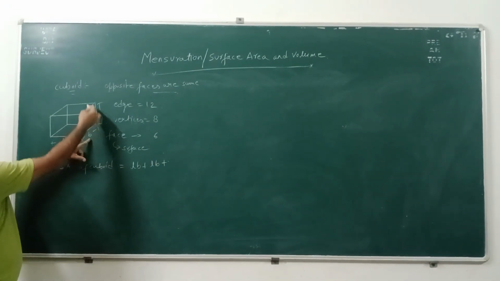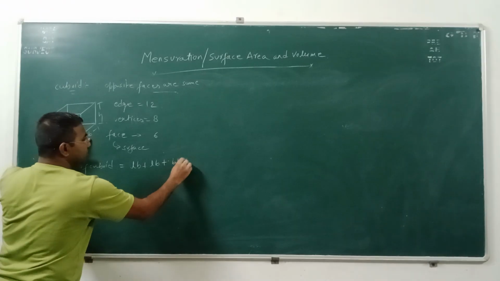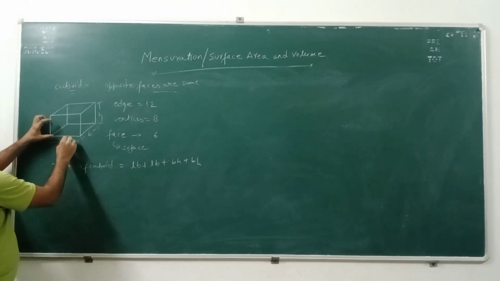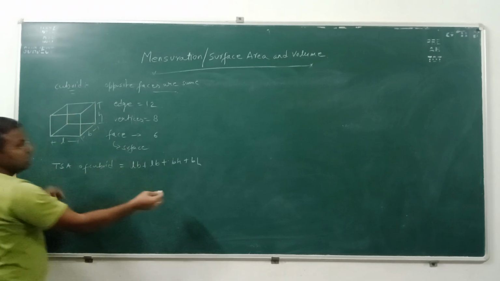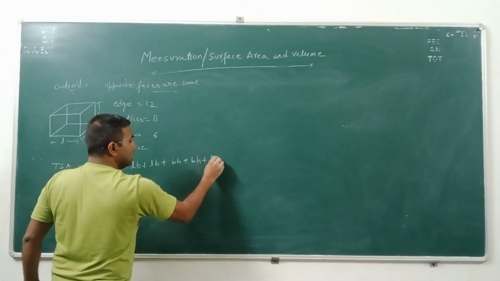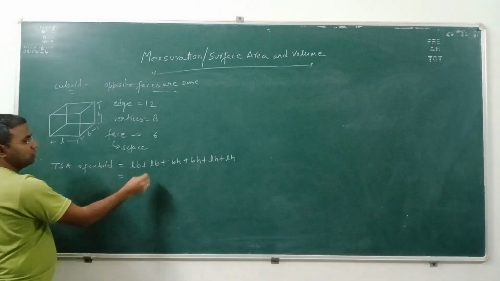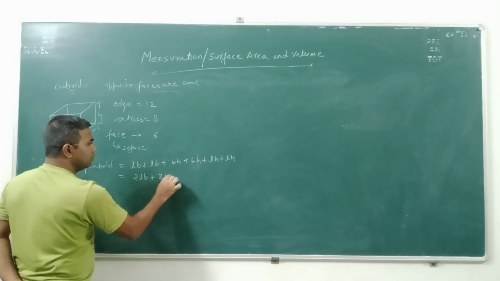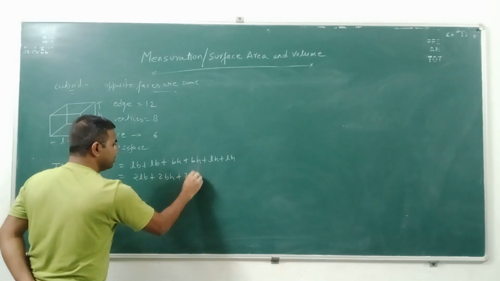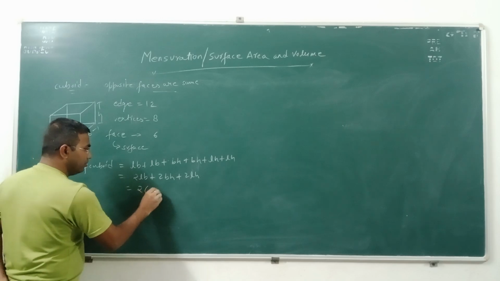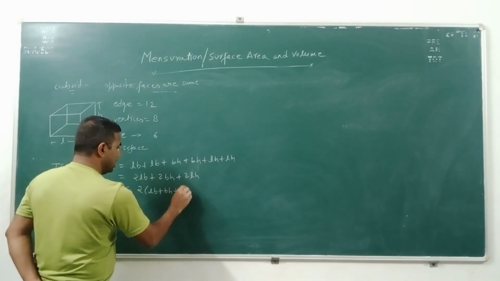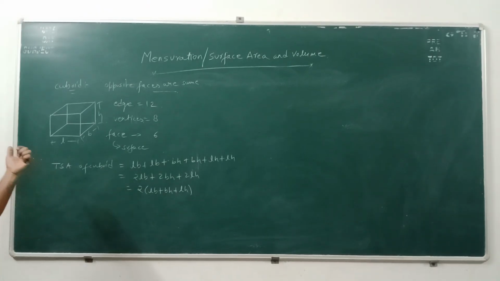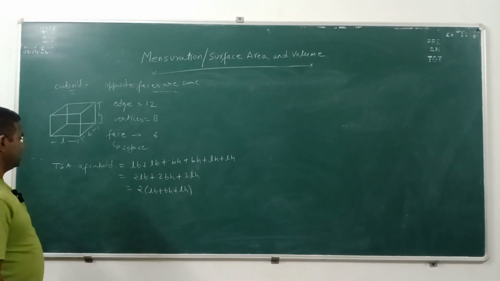See here, this is BH, means 2 BH you will take, this side BH, this side BH, and this one LH and back side LH, LH plus LH. Now when you add, 2 LB will come, 2 BH will come, 2 LH will come. Then when you take 2 common, LB plus BH plus LH will come here. So TSA of cuboid can be calculated as 2 into (LB plus BH plus LH).